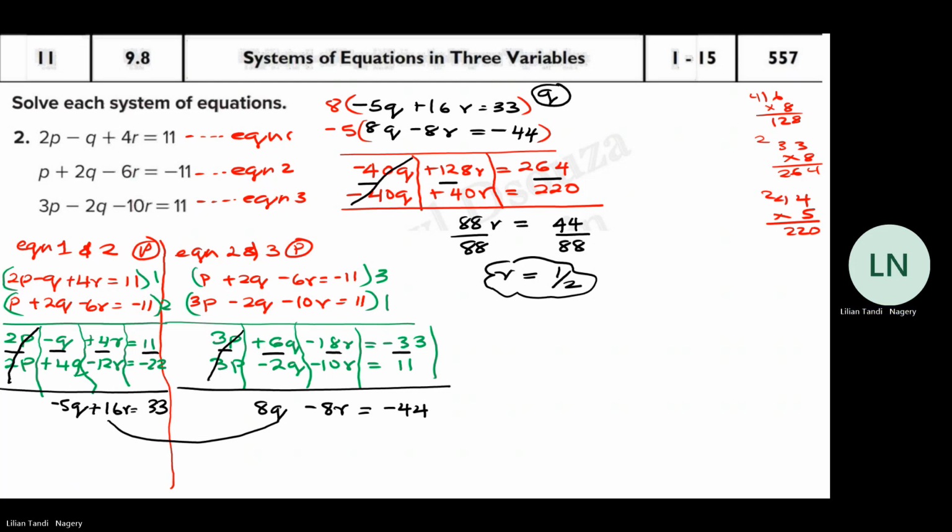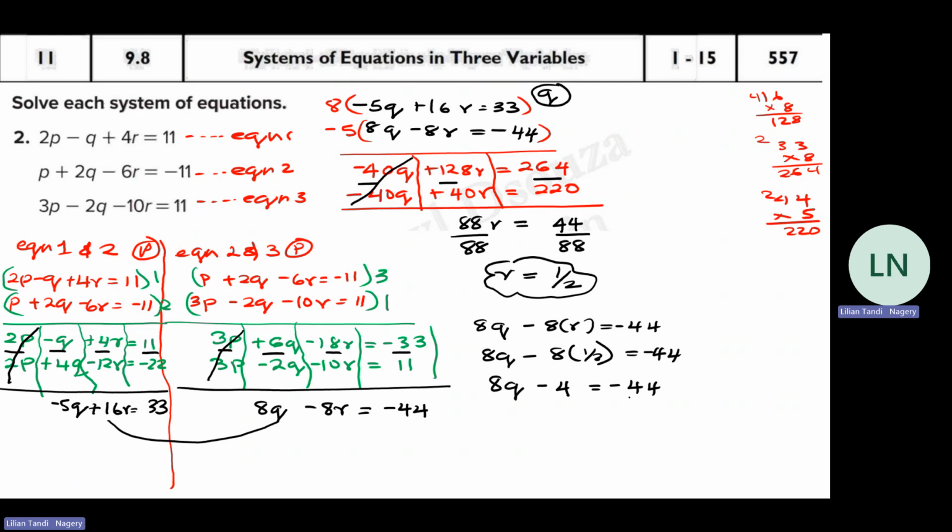Okay. Then, now I can use R here to find Q. So 8Q minus 8R equals negative 44. 8Q minus 8 multiplied by half equals negative 44. 8Q minus 4 equals negative 44.